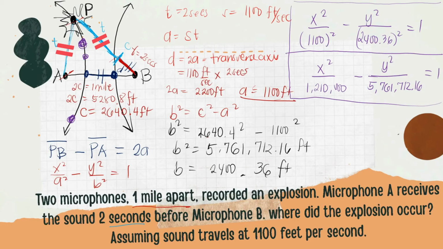Kung yung explosion is andito, so still mas malapit pa rin si A compare mo sa B. Pati kung dito naman, mas malapit pa rin si A compare mo sa B. Kung dito, mas malapit pa rin naman si A kung i-compare natin sa distance ni B. So, mas malayo pa rin si B. So, yung difference ng distance nila is still 2,200 feet. And then, yung difference ng time is 2 seconds pa rin naman.